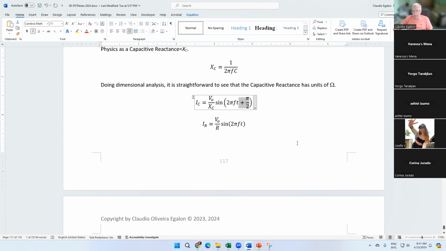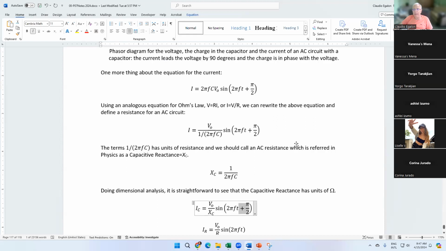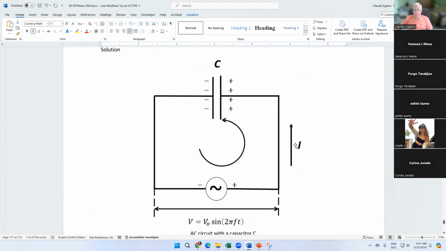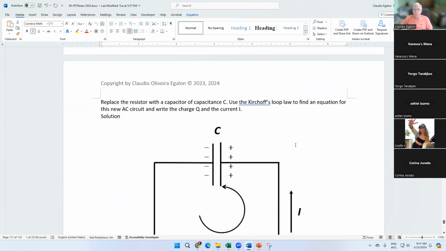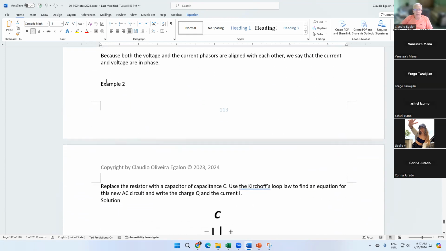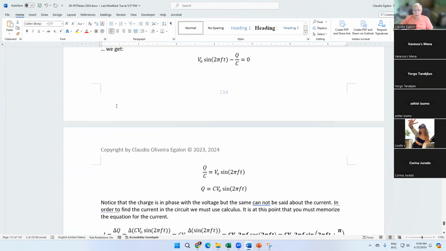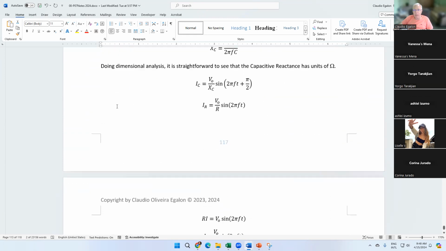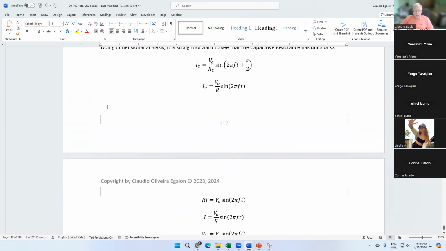Next is for the inductor. Let's do the inductor now. All I have to do is copy and paste what I did here for the capacitor, and you're going to have almost everything that I wanted out of the way.